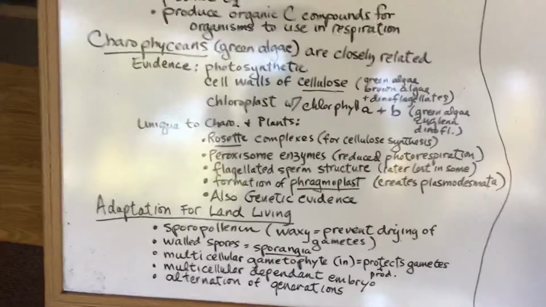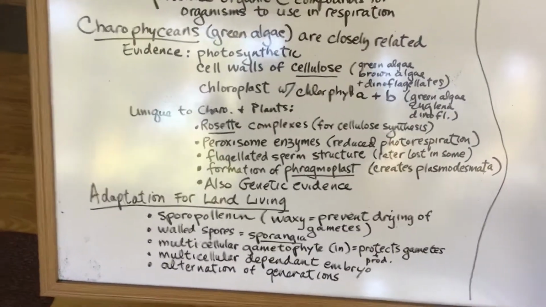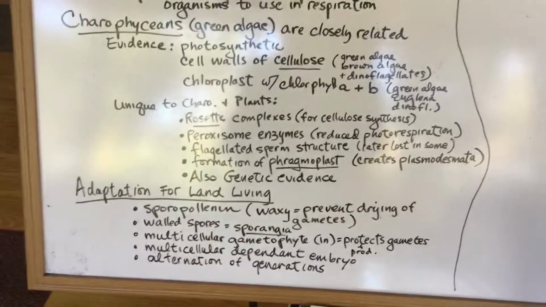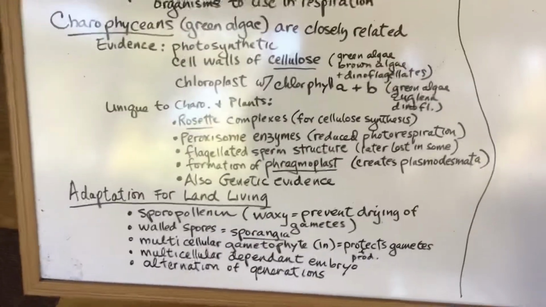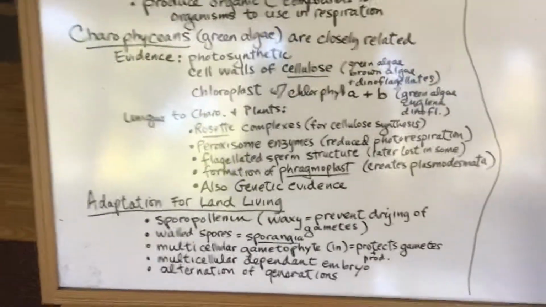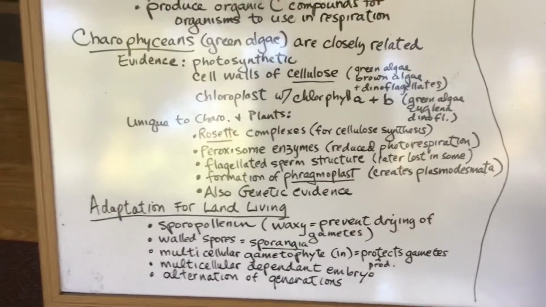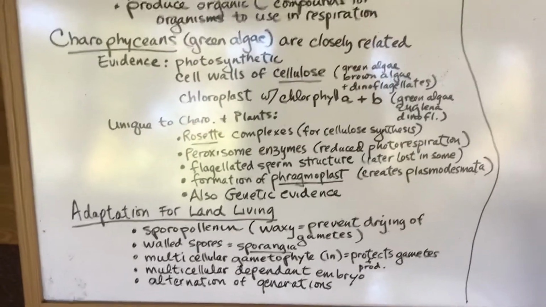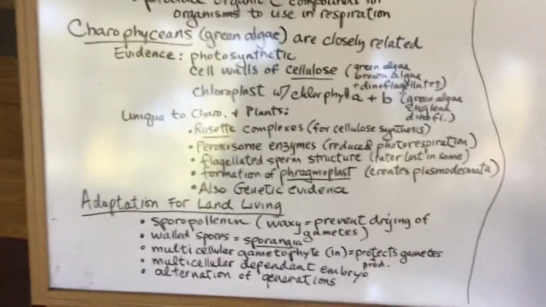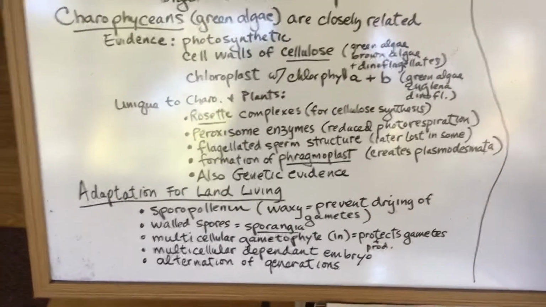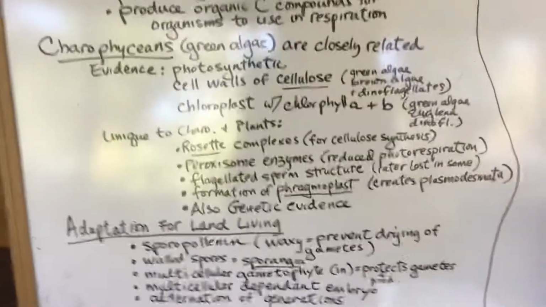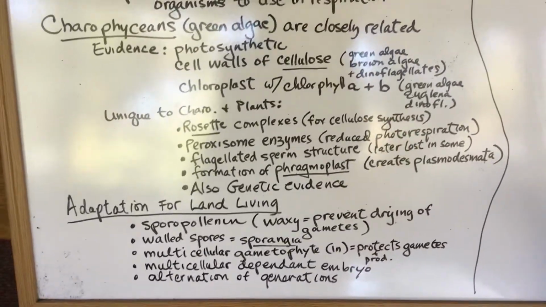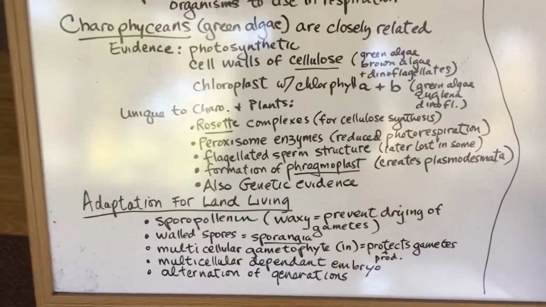Some adaptations for land living are sporopollenin, a waxy substance that covers the gametes and helps keep them from drying out. Walled spores or sporangia, a structure that holds the gametes inside, may contain sporopollenin on the outside or perhaps even on an inside layer.